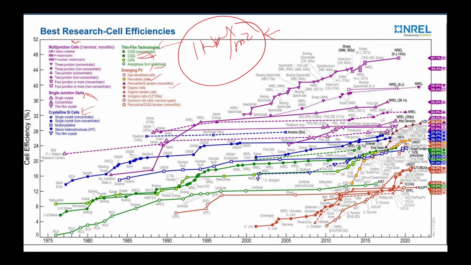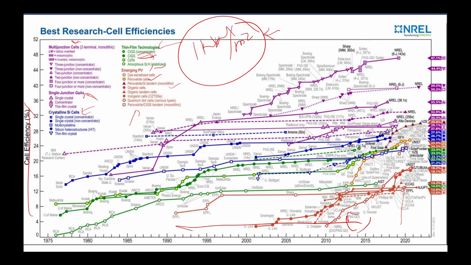Perovskite solar cells came into research in 2009, and from that point the graph is much steeper than any other solar cell graph. This is the efficiency, and this is the year, showing how efficiency increases over the years.